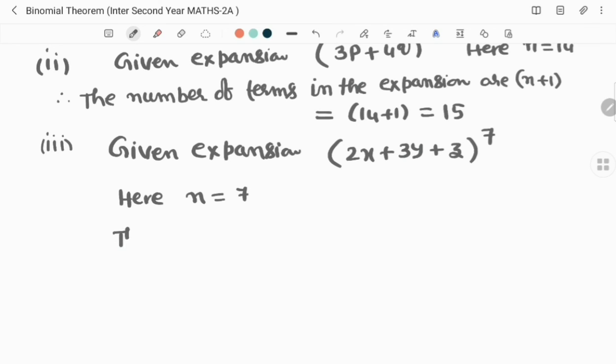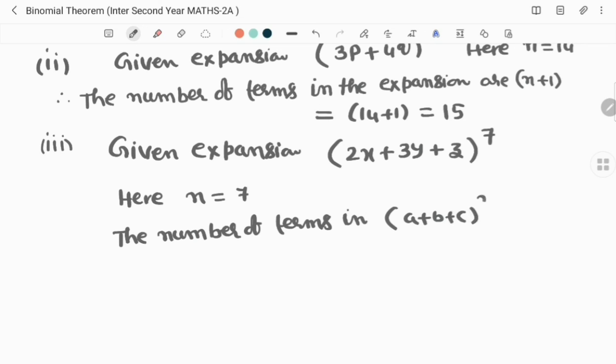The number of terms in (a plus b plus c) whole power n are (n plus 2)(n plus 1) divided by 2. So here n is equal to 7.